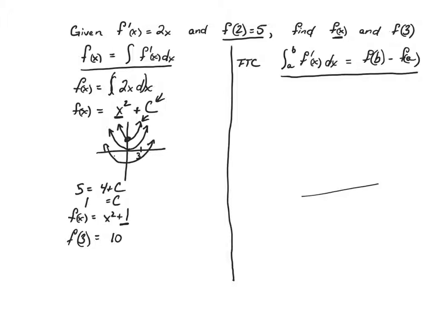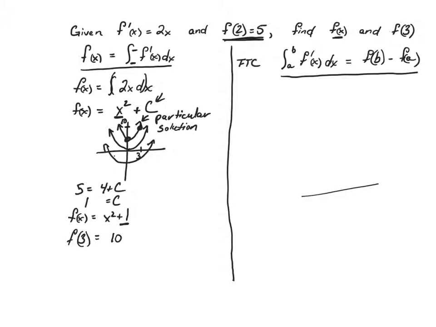So up at this height on my particular curve, I'm going to get a height of 10. So that's what it looks like when we don't have the limits of integration, but they do give us that reference point, and we use the plus c to find the particular solution of our f of x.